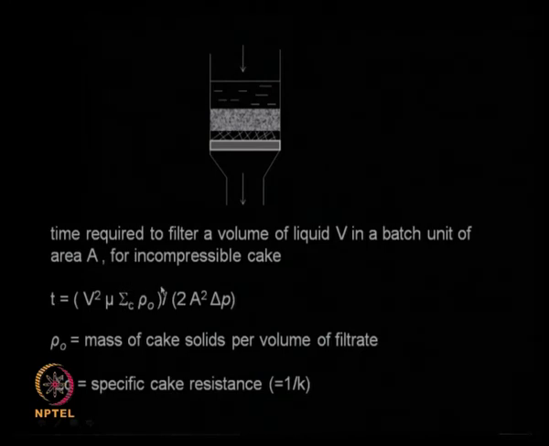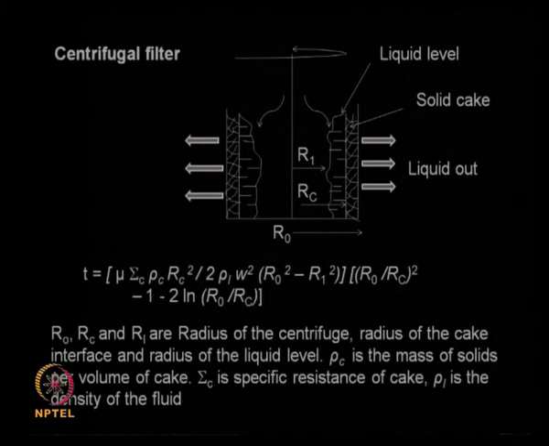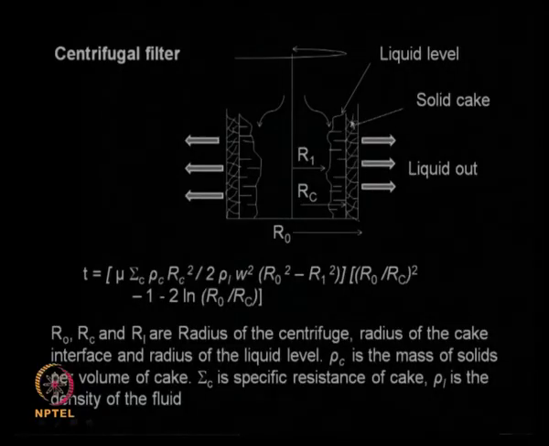Now similarly you also have an equation for the centrifugal filter. The centrifugal filter, I think I explained in the previous classes, can be used to filter solids using a centrifuge. This filter contains a porous basket, and the cake is formed along the periphery of the cylindrical portion of the centrifuge.